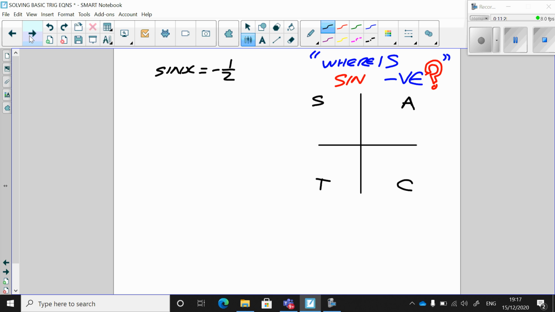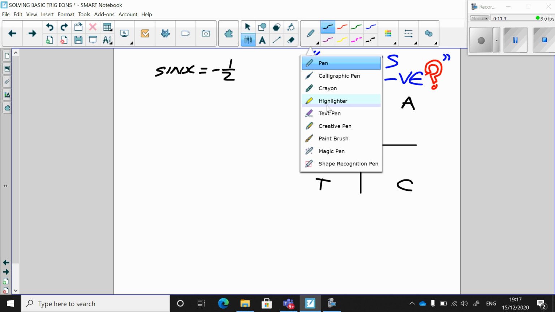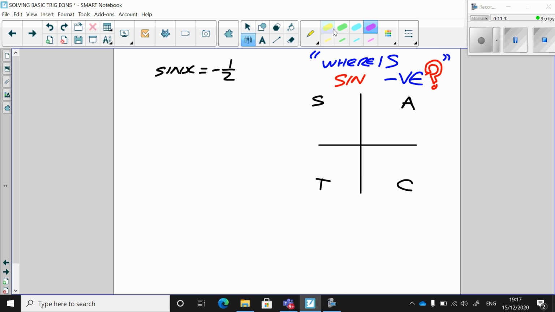Where is sine x negative? So that's what that means here, folks. Sorry for calling you folks all the time. That means negative. So where is it negative? Which two quadrants is it negative in? But the thing is, you know where it's positive. You know sine is positive there and there.